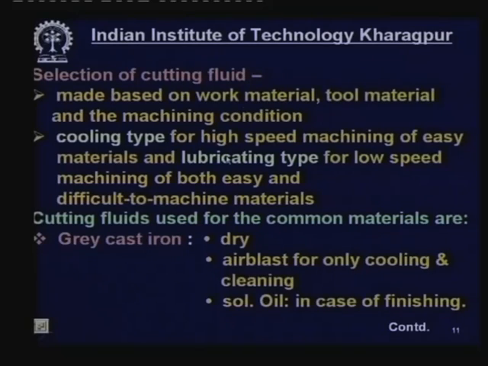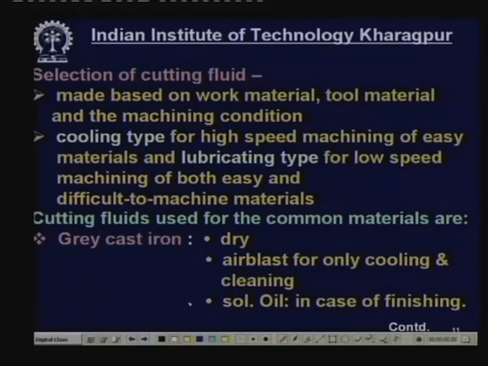While selecting the cutting fluid, two points have to be kept in mind: the cutting fluid is selected based on the work material, tool material and the machining condition, because the behavior of the cutting tools depends upon the work material, tool material and machining condition. All fluids are not suitable for all work materials or all tool materials or all machining conditions. You will gradually see. Then cooling type. Basically, we need cooling and lubrication from the cutting fluid.